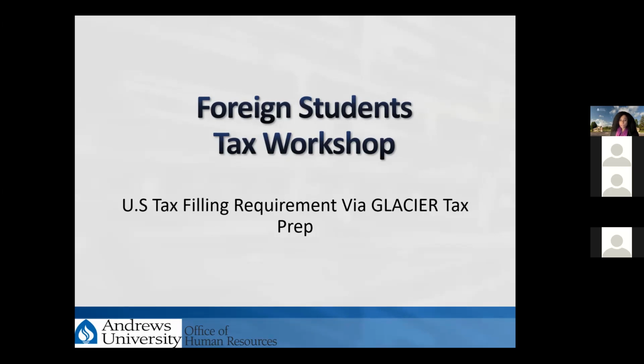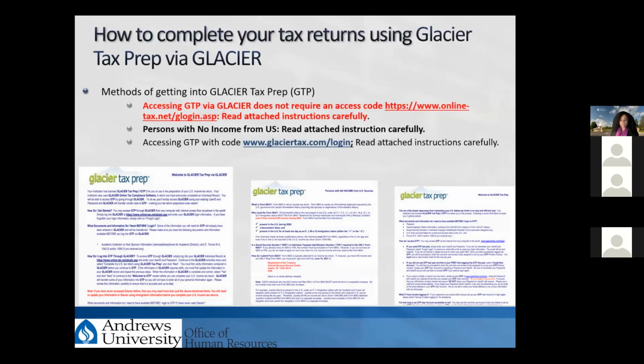So with that said, we're going to try to get in. Basically, what we've been doing, I think, since last year, is to utilize a software that we have tried to put together. We used to have what we call the GTP, Glacier Tax Prep.